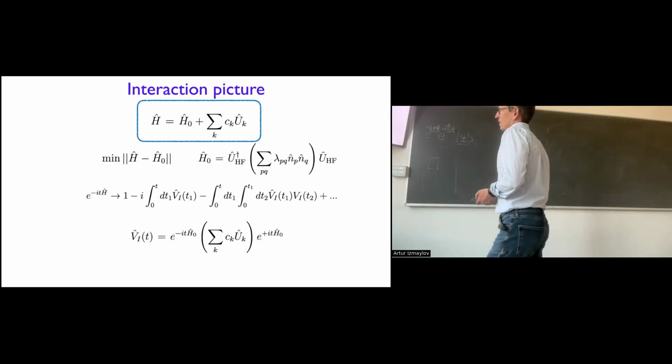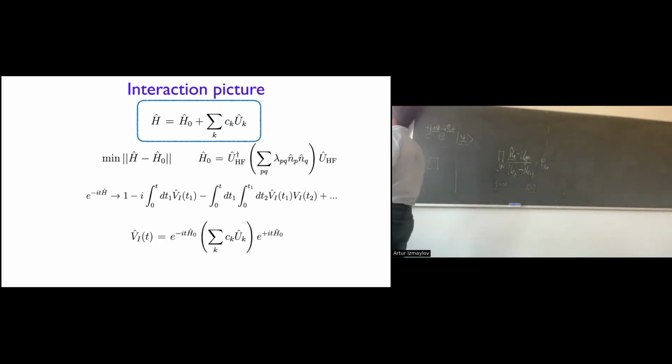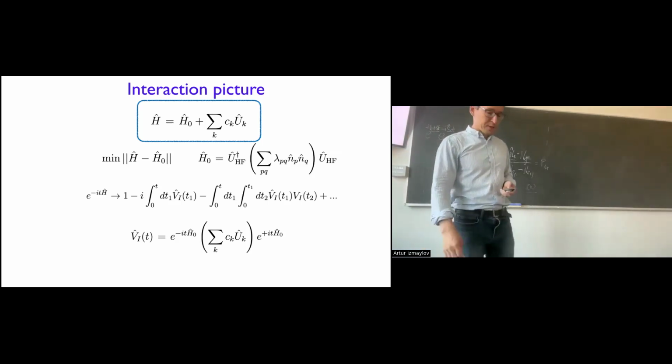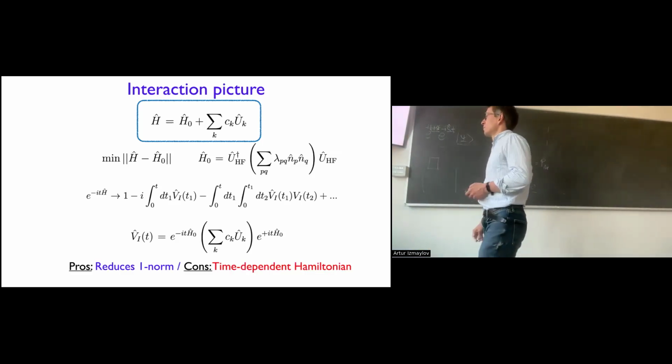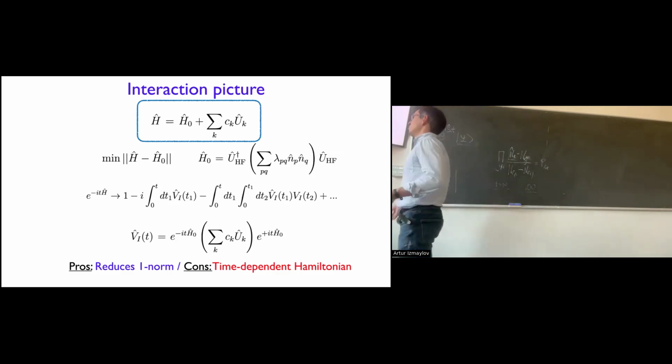Then the idea would be that the part we need to propagate, instead of the Hamiltonian, would be the conjugated perturbation part, decomposed using a linear combination of unitaries. But the problem mostly is that, okay, it reduces the one norm quite substantially because the H0 part is pretty big.